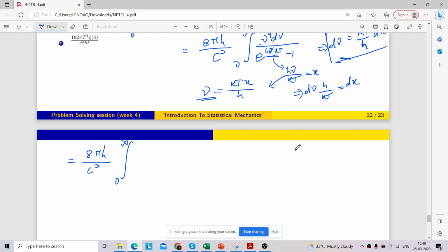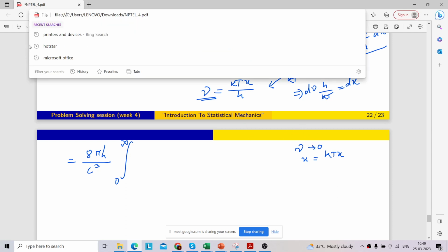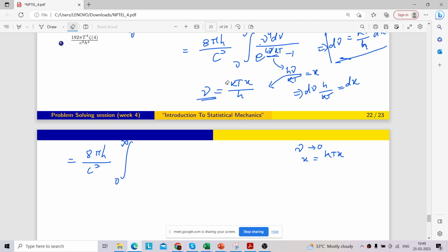As nu tends to 0, what will be x? x is h nu over kT, so as nu tends to 0, x also tends to 0.